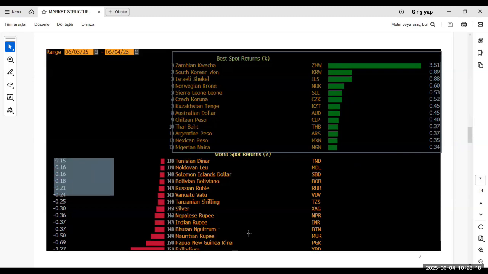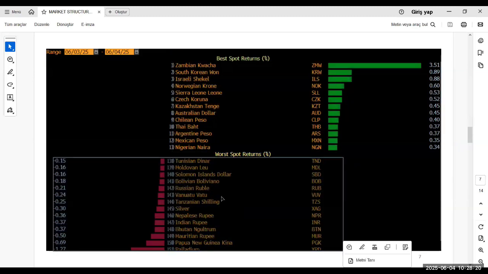The worst for just 1 day are the Tunisian dinar, Moldovan leu, Bhutan ngultrum, Indian rupee, and silver. Even though silver is a commodity, it is like a currency. It is tick data.